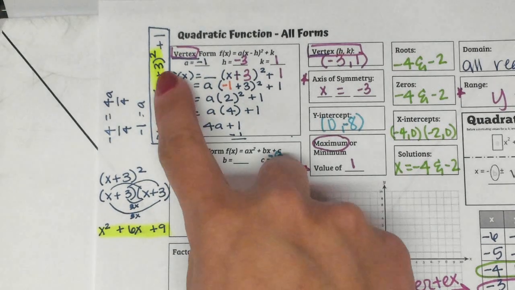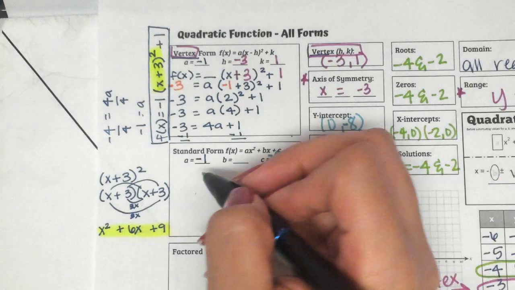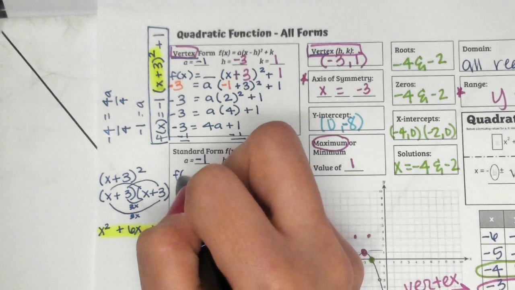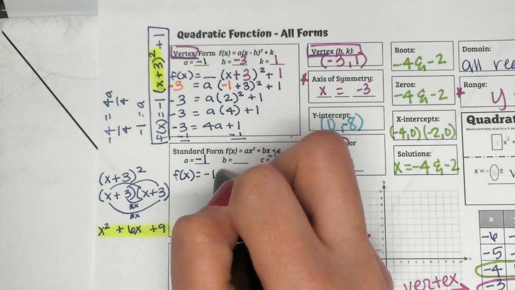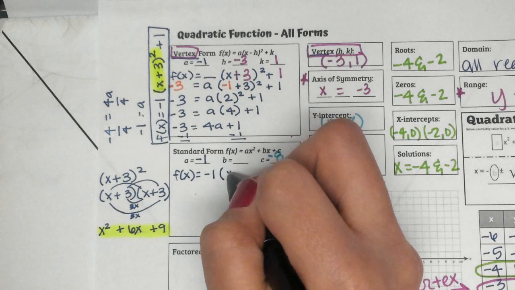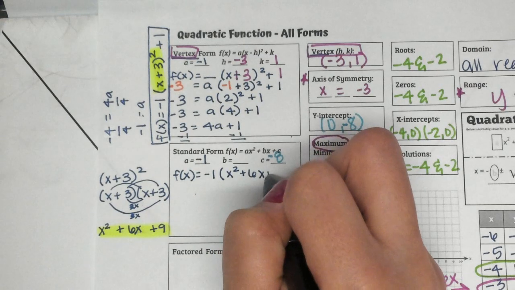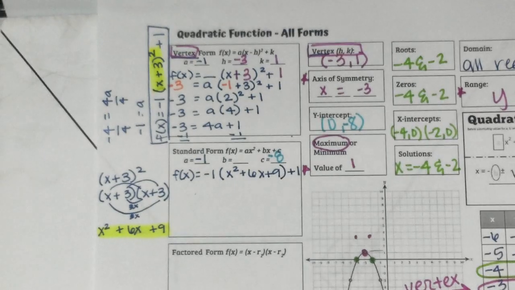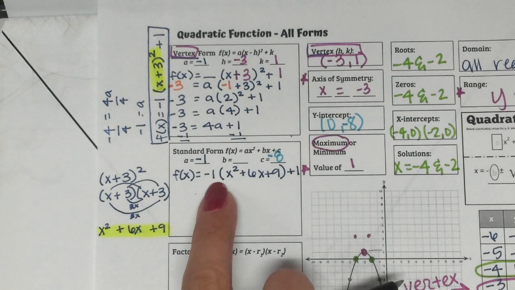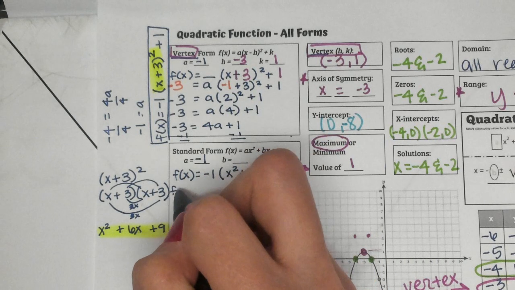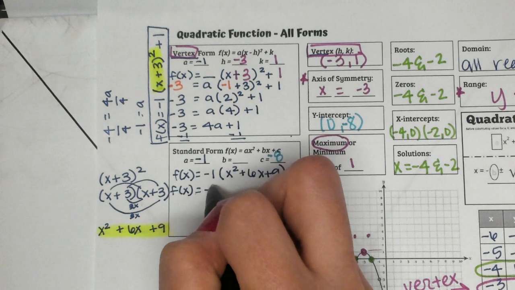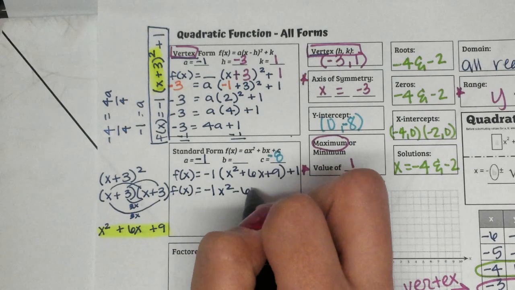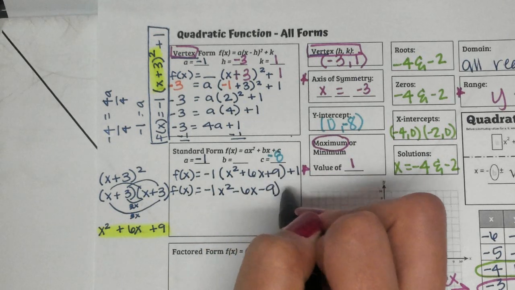So now that we have this part worked out, we can rewrite it as f of x equals -1 parentheses x squared plus 6x plus 9, plus 1. And we distribute. So that is f of x equals -1x squared minus 6x minus 9.